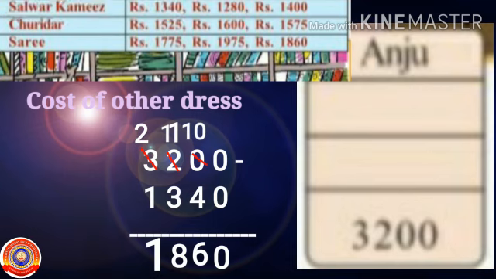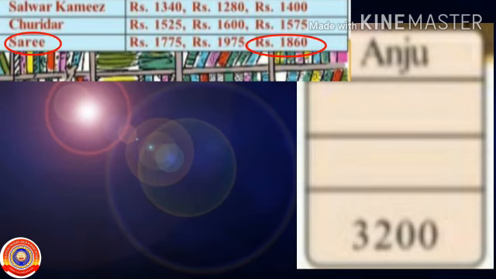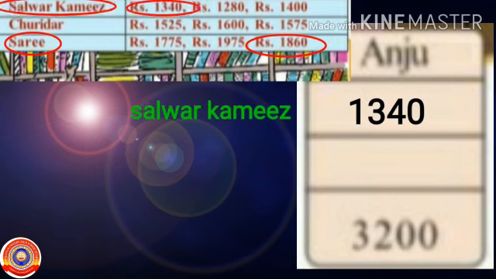Which dress can she buy with 1,860 rupees? Yes, sari. So, we can say that Anju bought a salwar kameez for 1,340 rupees and a sari for 1,860 rupees.